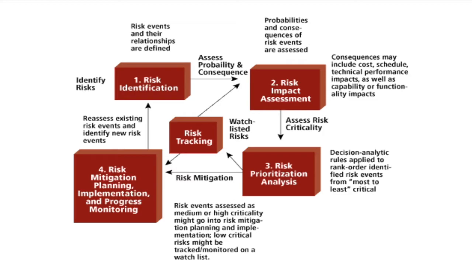They help you to identify risk events and their relationships, so you can figure out the risk event and how it is related to other things, like man, material, situation, or any other form of relationship. There could be different kinds of stakeholders involved, and what is the relationship and the intensity with which it can have an impact on you, which we'll see in the second technique, which is known as risk impact assessment.